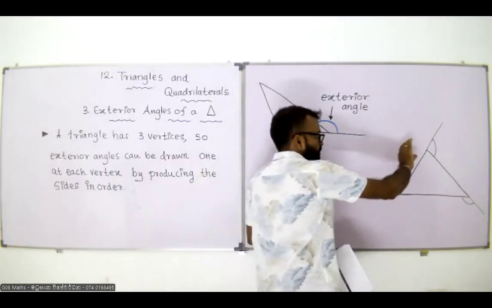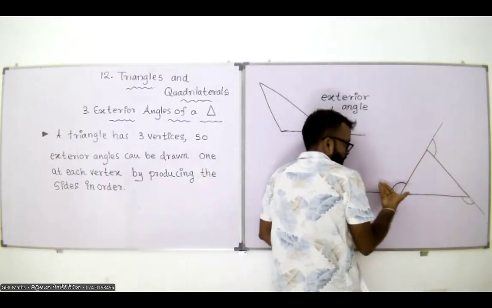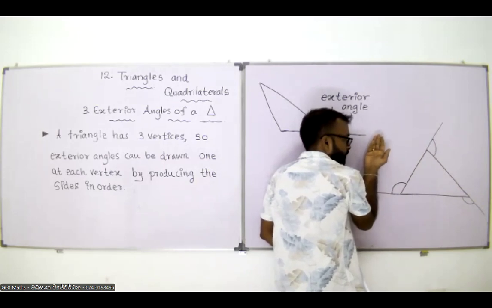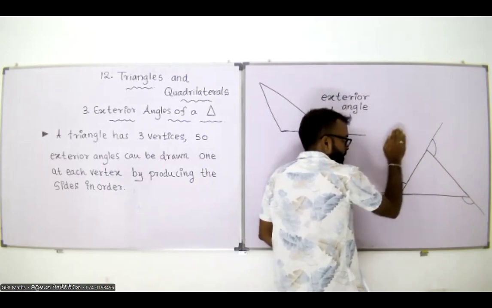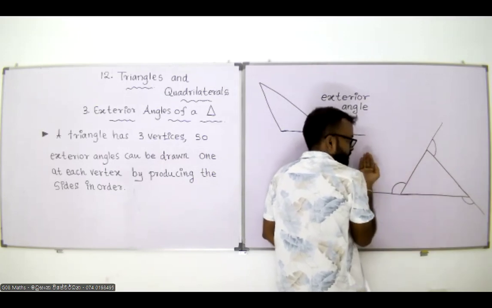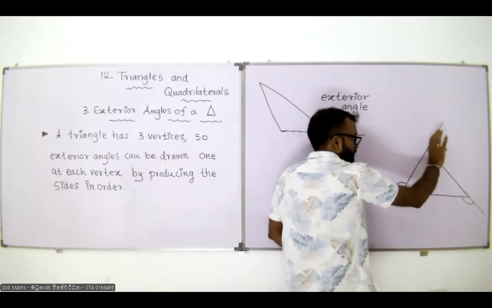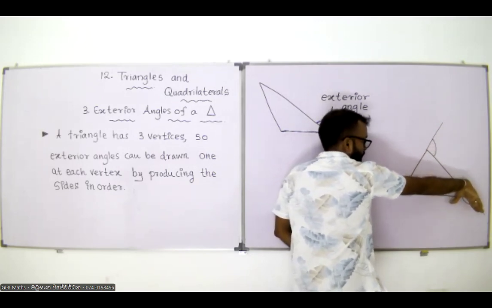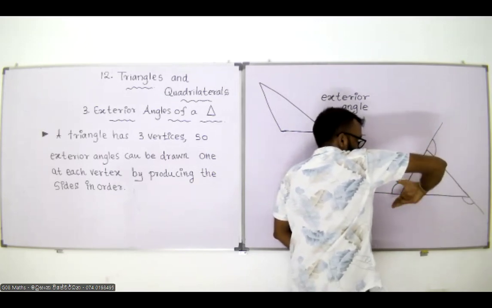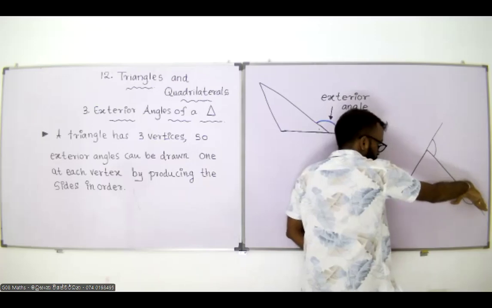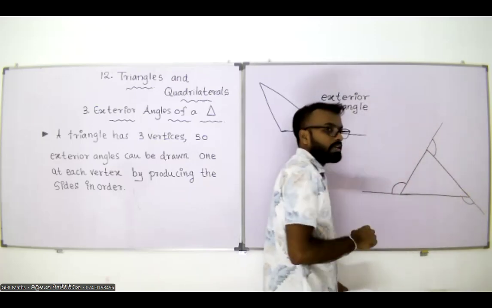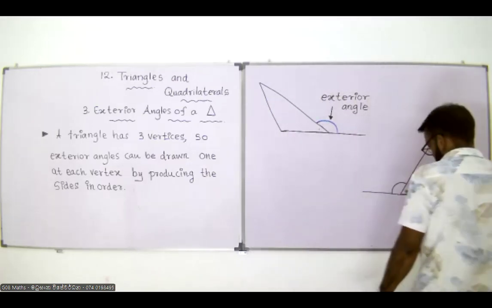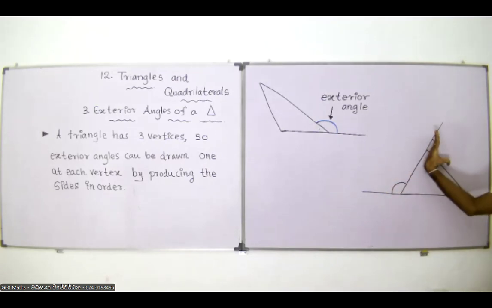To this side, the exterior angle has been formed. If I am going clockwise, the exterior angle is open for the clockwise side. By extending the side, these sides have been extended.